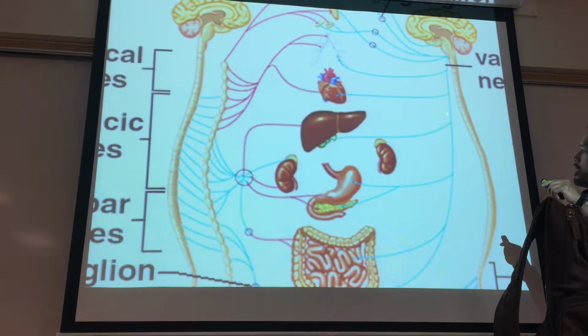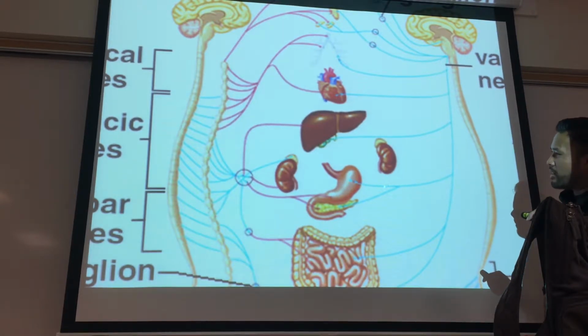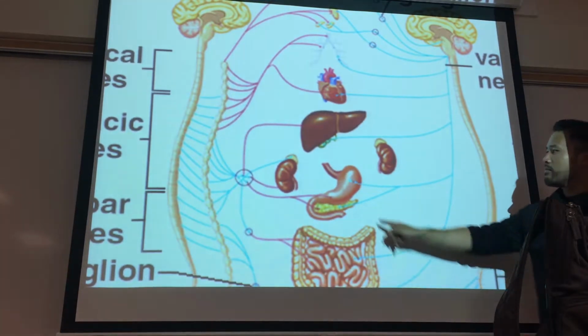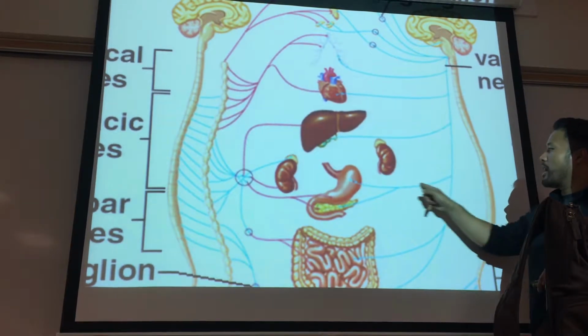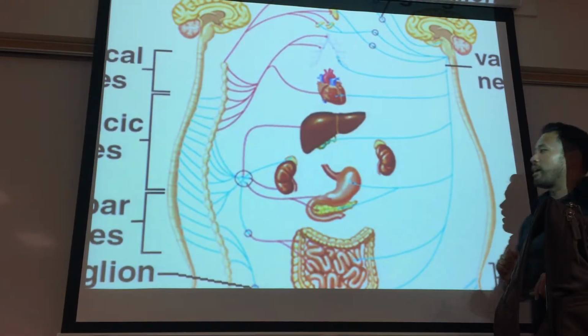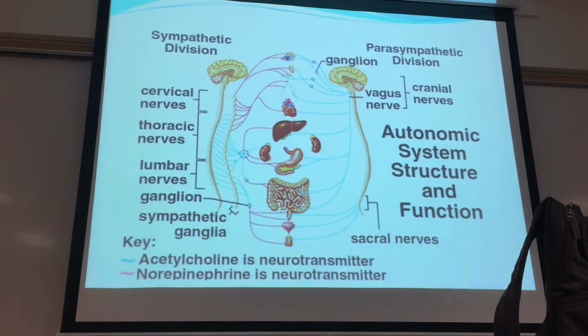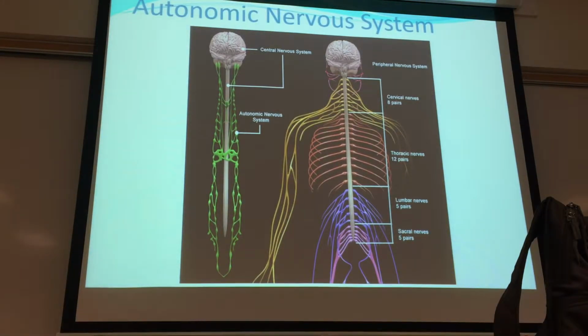And they come out all the way out to the stomach, and the ganglion is actually located right there on the stomach itself. Notice the differences in size. This is our preganglion neuron and our postganglion neuron. Again, more to come on that when we break down each of those divisions in just a little bit.